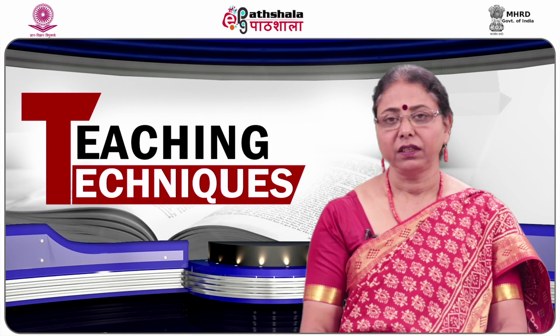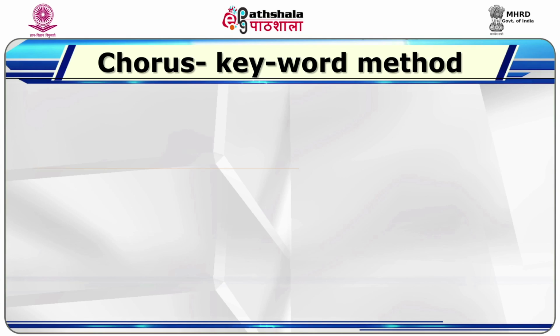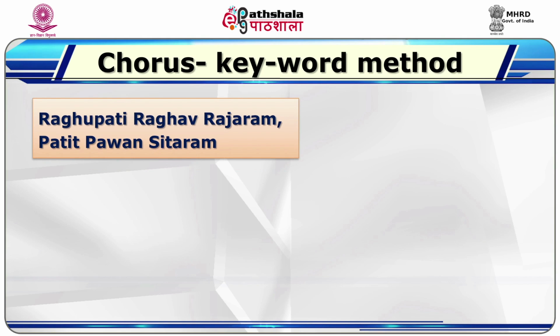Let us take the example. Raghupati Raghav Raja Ram Patita Pavan Sita Ram. Once this chorus is sung in the literacy class, the teacher picks up one word from this, say Raja Ram.